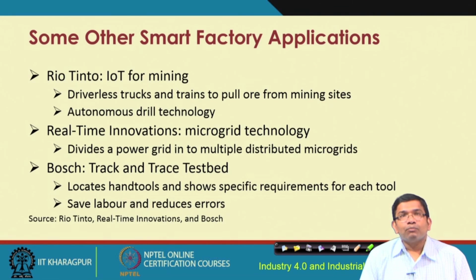The company Bosch also heavily uses IoT, and it basically deploys different IoT equipment in order to improve the working condition of the workers, and also to reduce the number of errors that happen on the work floor by the different workers.